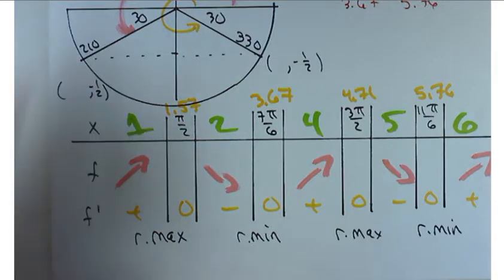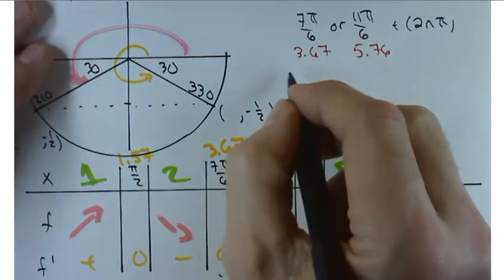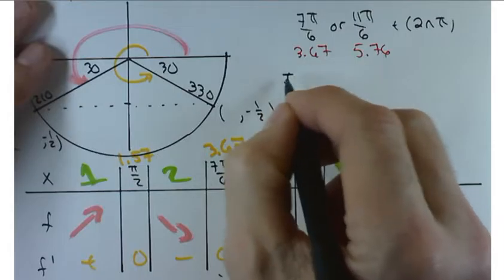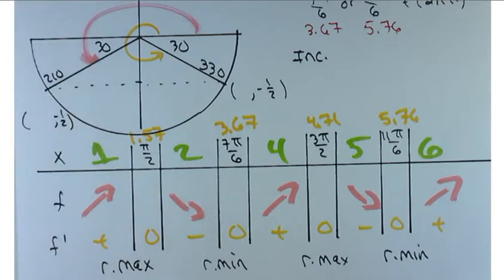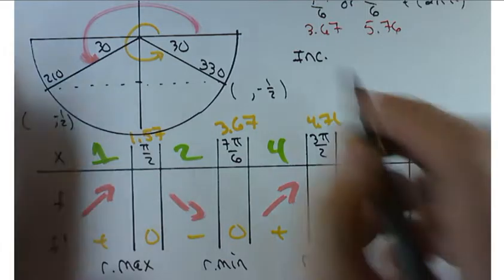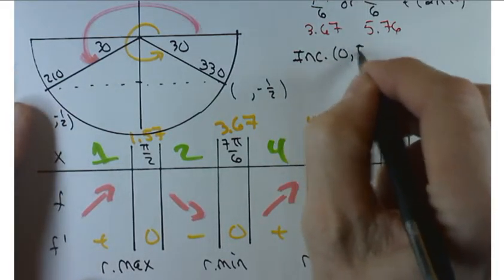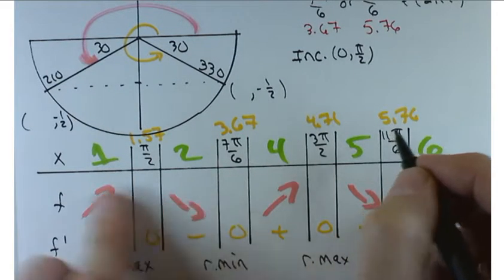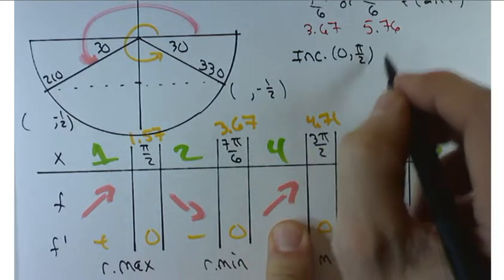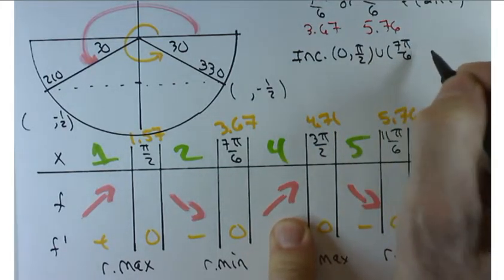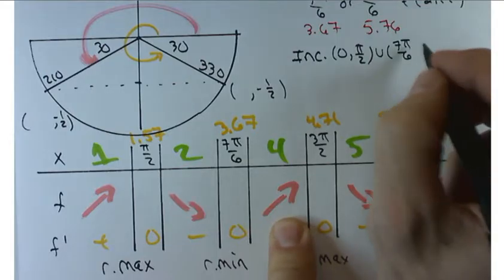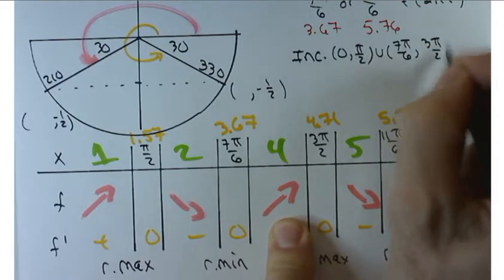Let's put it all together in terms of where it's increasing, where it's decreasing. So it's increasing. Now I'm just going to limit it to 0 to 2 pi because we're not really analyzing it to the left of there. So I go 0 to pi over 2. Where else is it increasing? From 7 pi over 6 to 3 pi over 2, and from 11 pi over 6 to 2 pi.